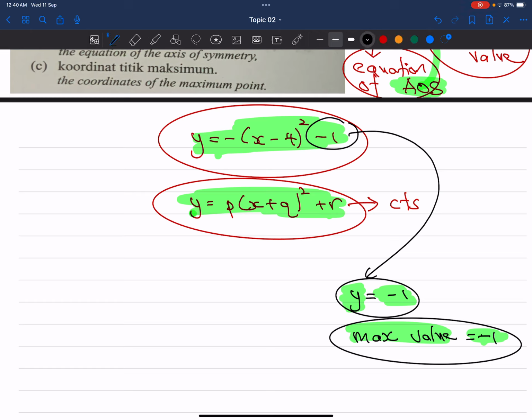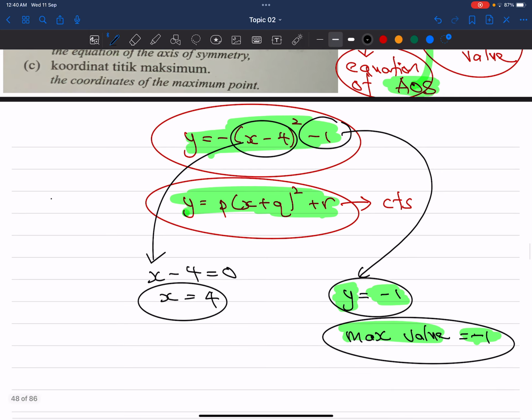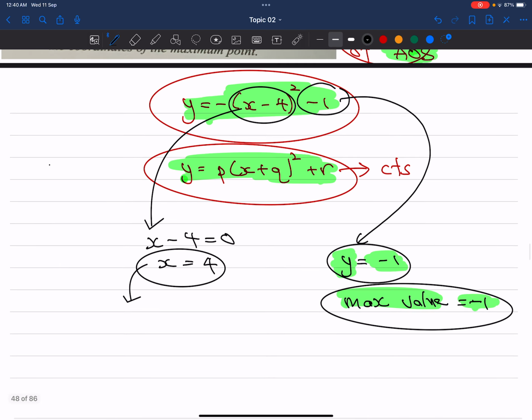Now for the x coordinate, we go inside the brackets, make it 0, x minus 4 equals 0, therefore x equals 4. This is our x coordinate, which is the same as the equation of the axis of symmetry, also x equals 4.